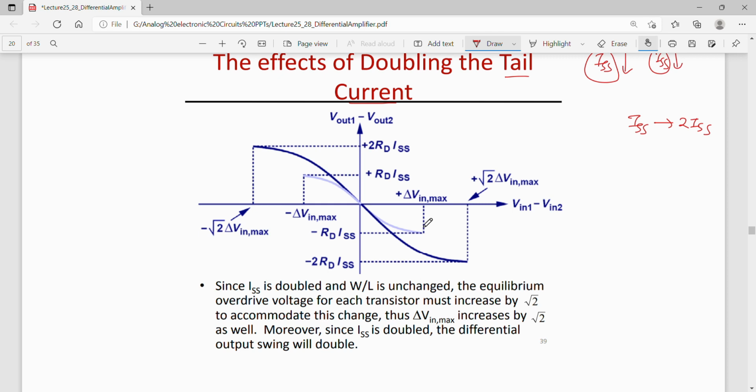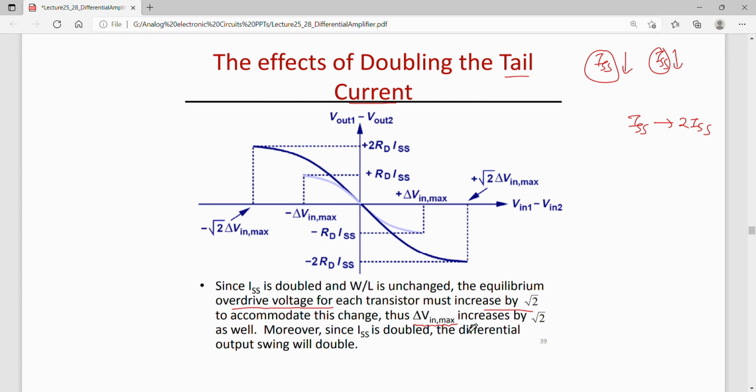So the effect of doubling current would be that the overdrive voltage of each transistor will increase by root 2, okay. And to accommodate this change, the differential input voltage maximum value also increases by root 2, and in this case we have assumed that W by L remains unchanged, okay.